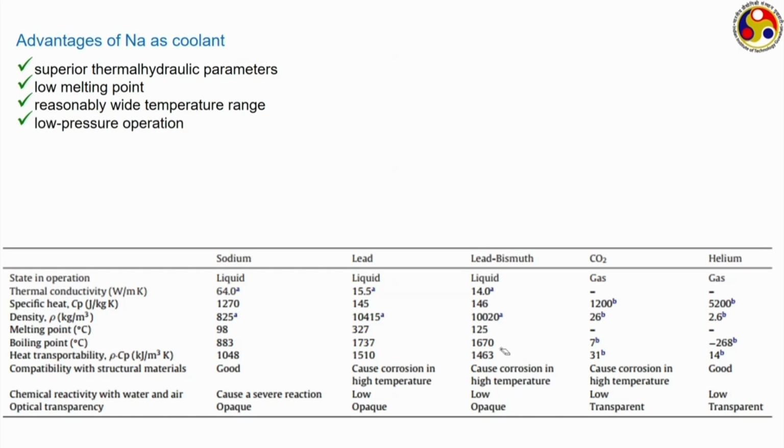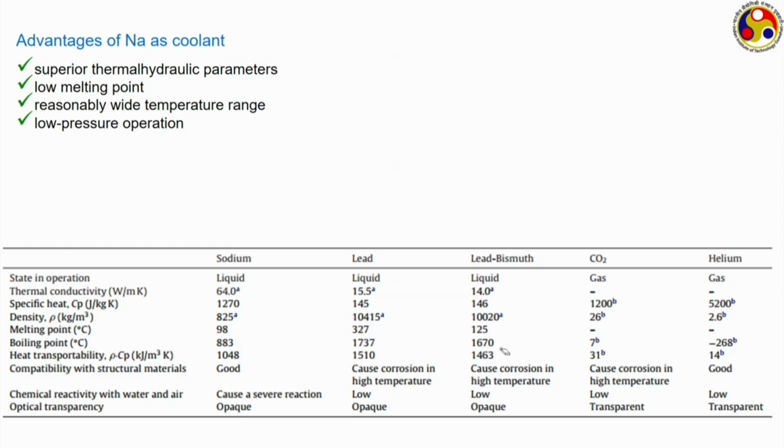But another advantage for sodium is, as long as the boiling point can be managed around that 883 degrees Celsius, or I should say as long as the maximum coolant temperature requirement is well below that 883 degrees Celsius, we do not need to go for any kind of pressurization.